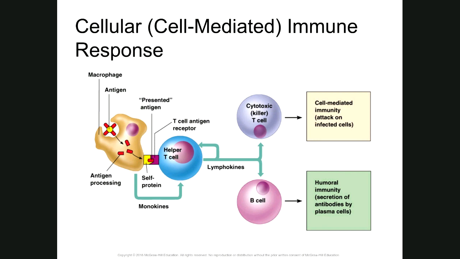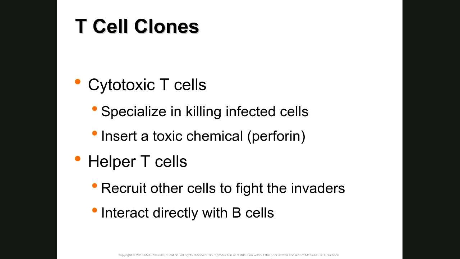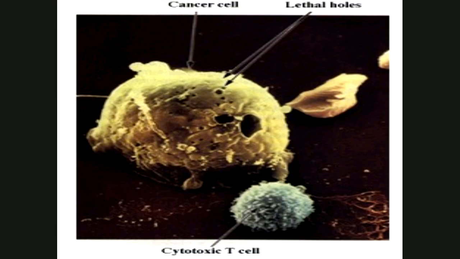And as I told you, we have two important types of T cells. T cytotoxic cells are specialized in killing infected cells. They insert toxic chemicals, and these toxic chemicals are called perforin. If you look at this picture, you can see this cytotoxic T cell, and this is a cancerous cell.